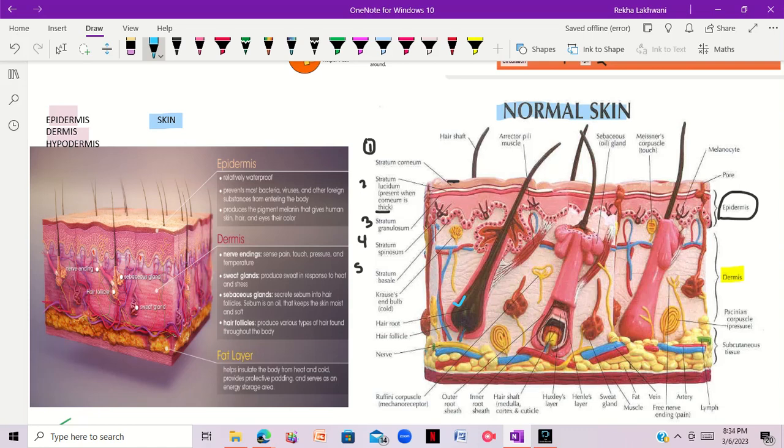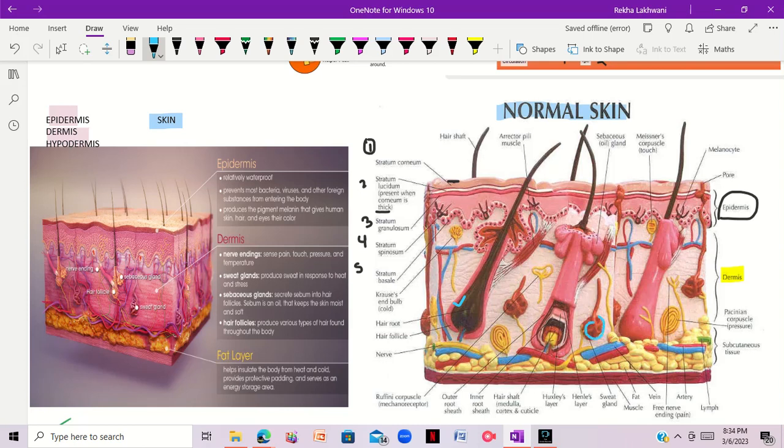Then we have sweat glands over here too, and sebaceous glands too.